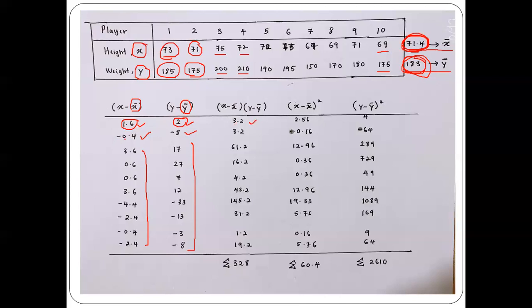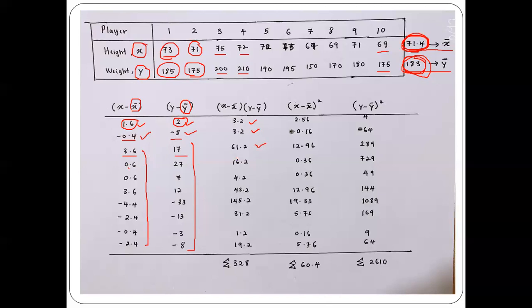And then negative 0.4 times negative 8, then you will get 3.2. And then you continue with 3.6 times 17, you will get 61.2.